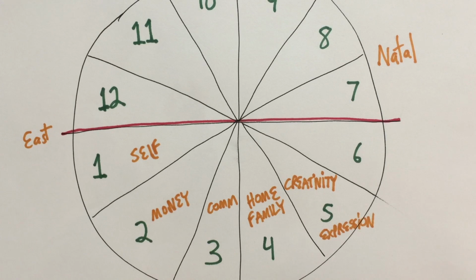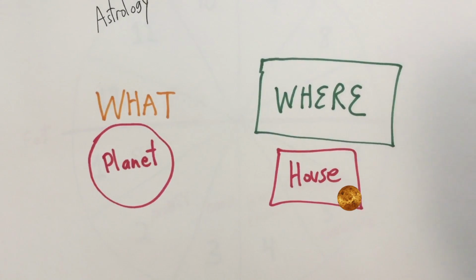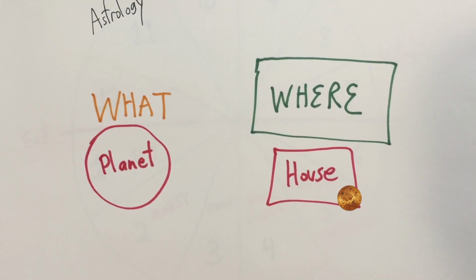Mercury has wandered into the 5th house. What happens? Well, it means how you express yourself creatively, right? It means that you can creatively express yourself through speaking, through writing, or something like that. So the what is going to be, I'm going to be able to communicate, and the where is going to be creatively.